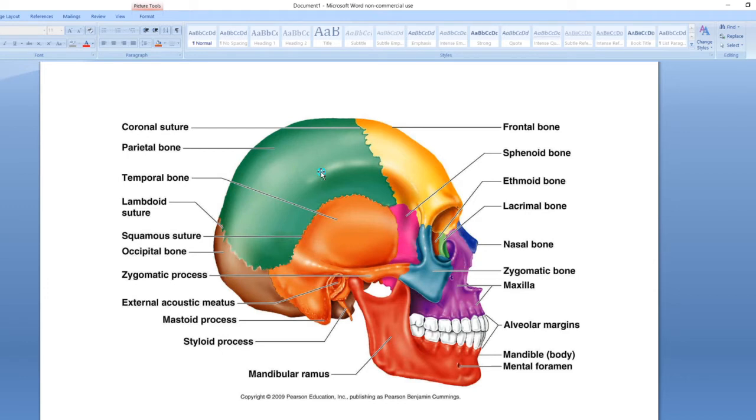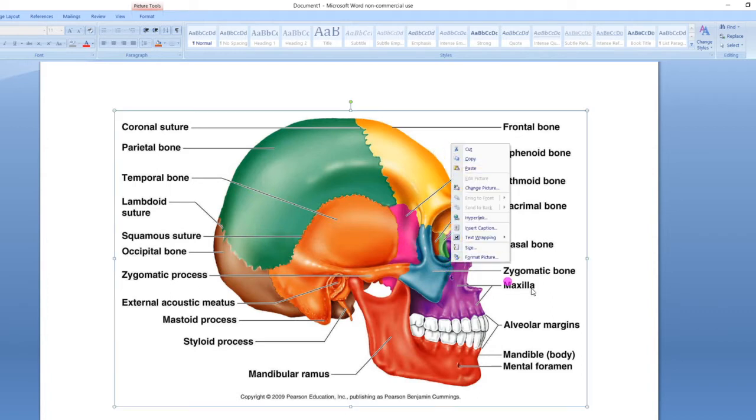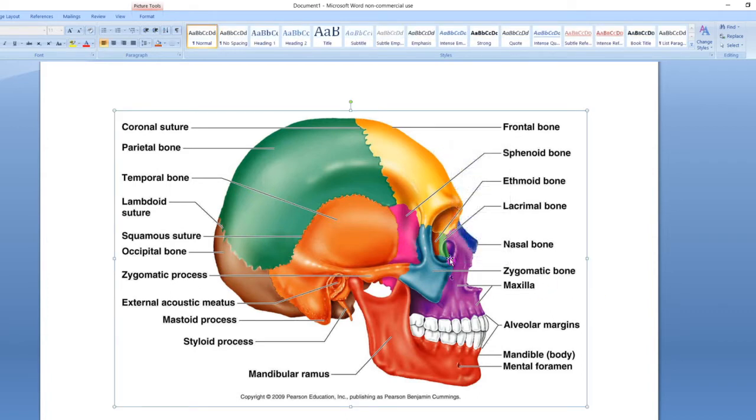So if you look under the temporal bones, you see the next bone is the lacrimal bone. The lacrimal bone is in your eyeball socket, and it's this green bone on my demo skull picture here. This green bone is our lacrimal bone. Now, the lacrimal bone is named after your tears.